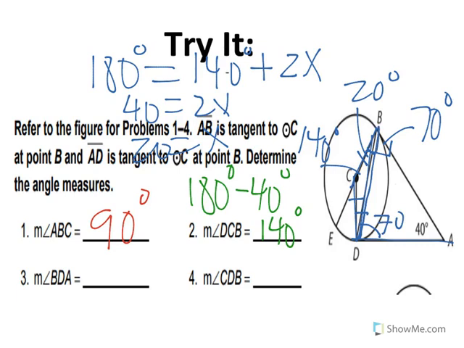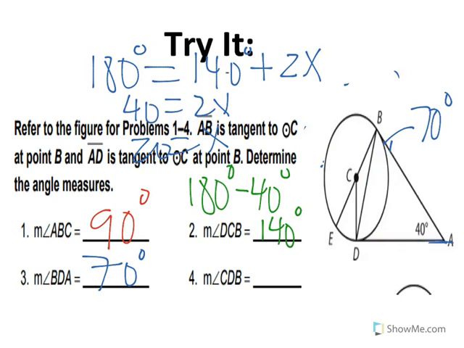So BDA is 70 degrees, and now we're looking for the angle CDB. We solved it up here, so CDB is 20 degrees.